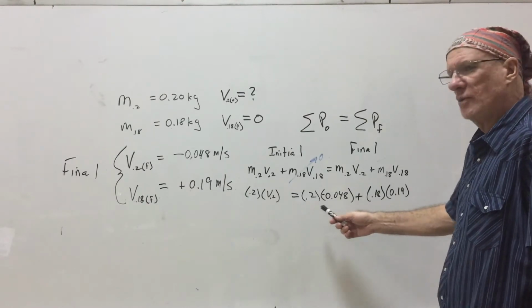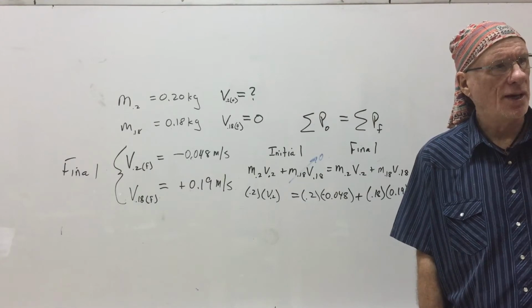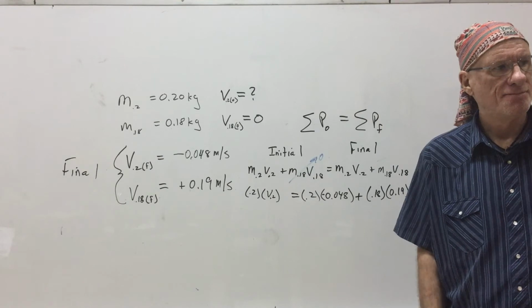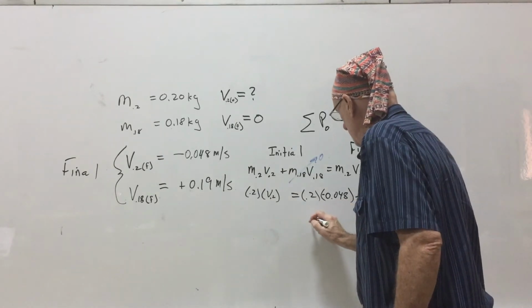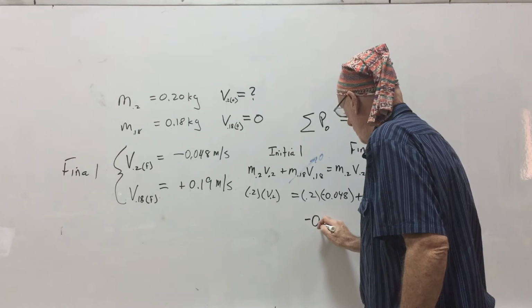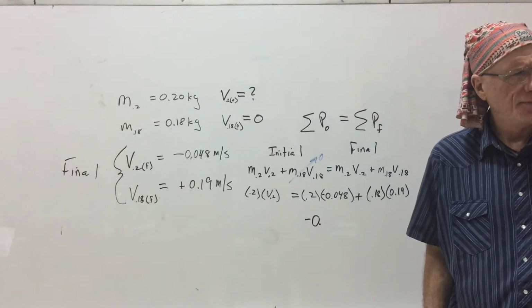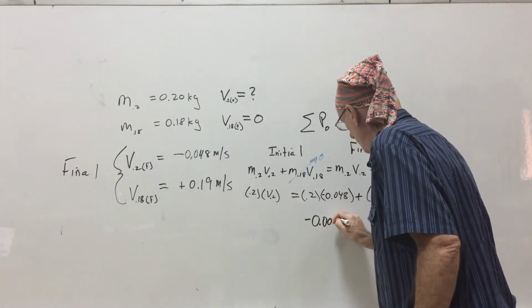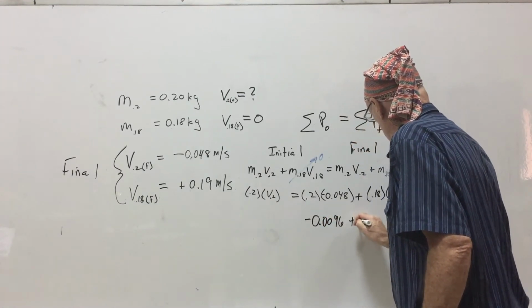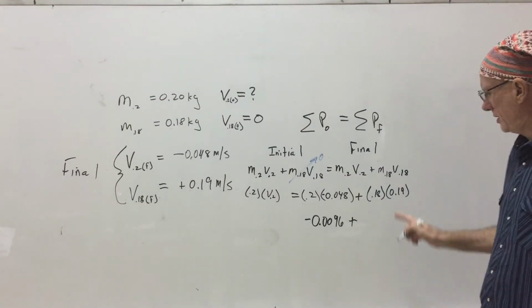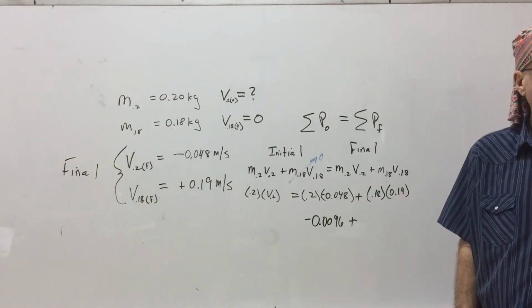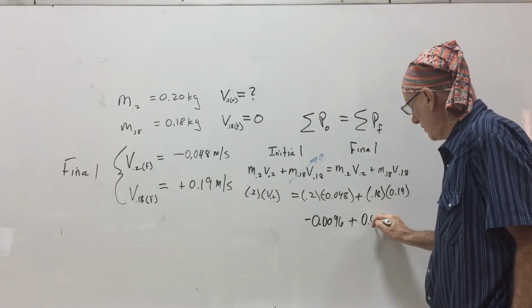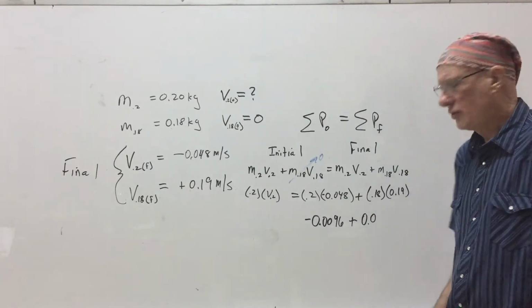So what's 0.2 times 0.048? Negative 0.0096. Yes. Okay, negative 0.0096. What's 0.18 times 0.19? 0.0342.